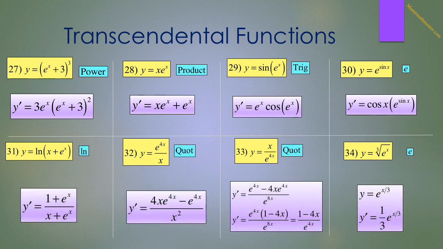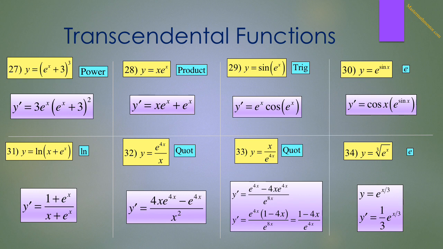31 reads y equals natural log of x plus e to the x. This is an ln problem. So the derivative of an ln is 1 over the expression times the derivative of the expression. And therefore y prime is equal to 1 plus e to the x over x plus e to the x. 32, y equals e to the 4x over x, is a quotient rule.